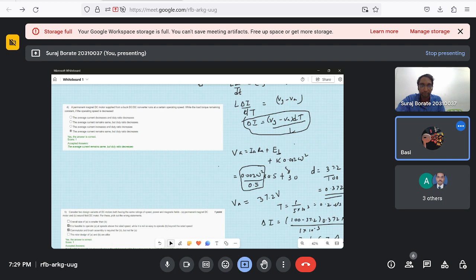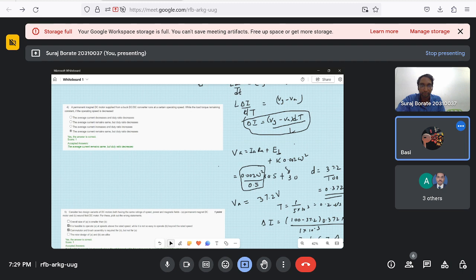And if the back EMF is affected, that affects the armature voltage, right? So the armature voltage is affecting what? It is affecting the duty cycle. Duty cycle was VA by VG. VG is constant. If VA changes, then D and VA are proportional.